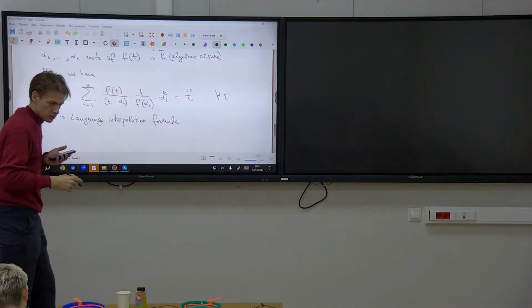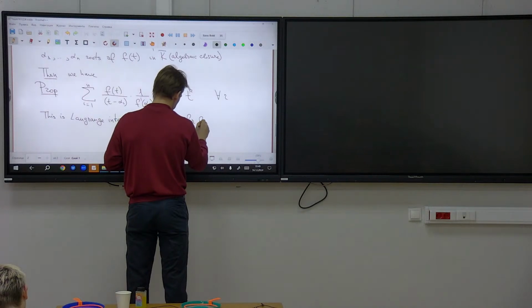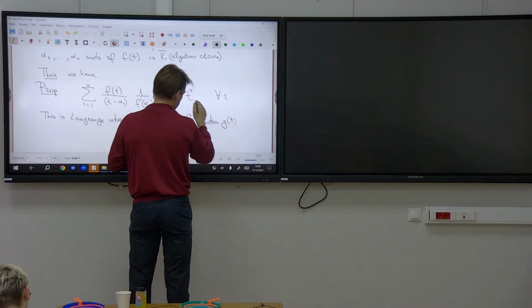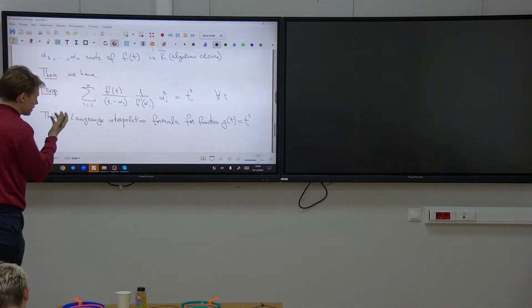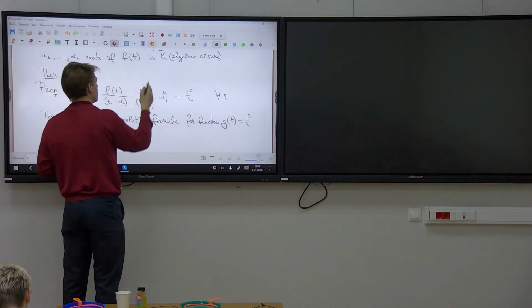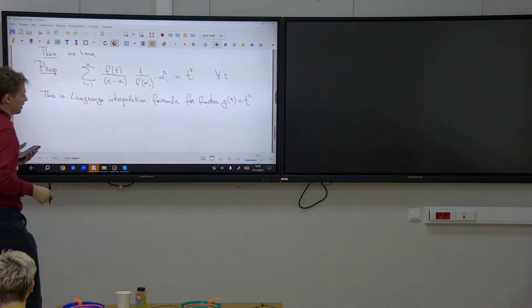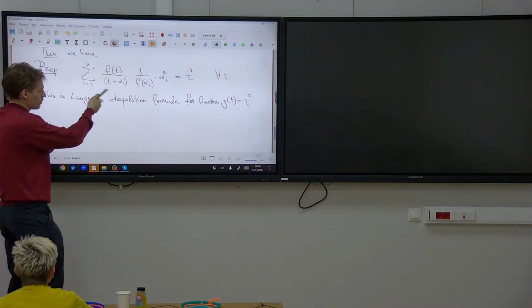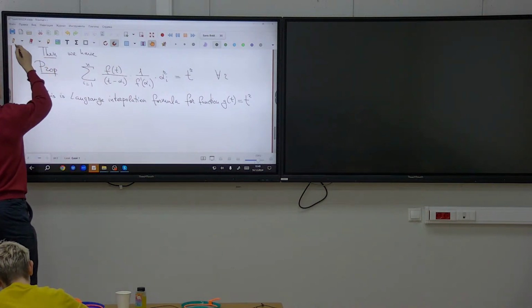Just for the function g of t equal to t to the power r. Indeed, this is simply the Lagrange interpolation formula, but it is the way you can write it economically.